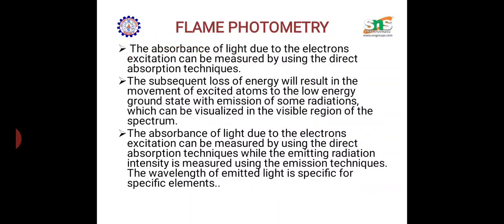Absorption of light takes the atoms to an excited state, and the subsequent loss of energy makes the electrons move to the ground state, which releases light in the visible region of the spectrum. So the absorption of light is due to excitation, and the emission of light is due to the atoms moving from a high energy state to a low energy state.